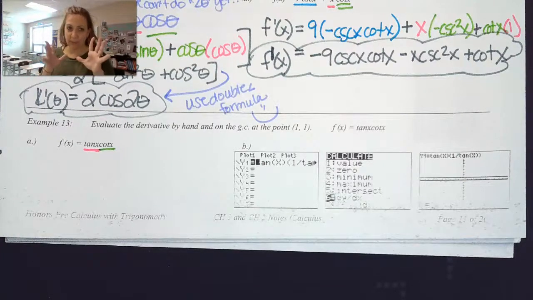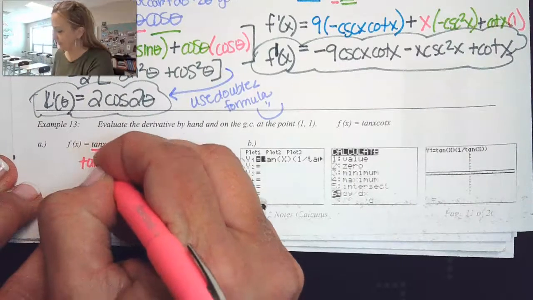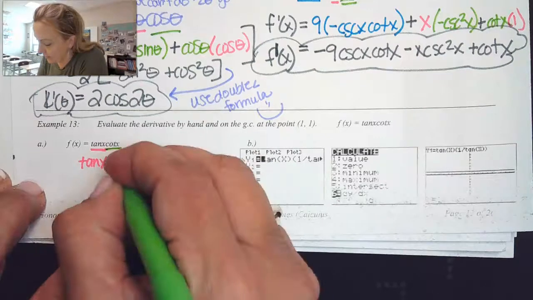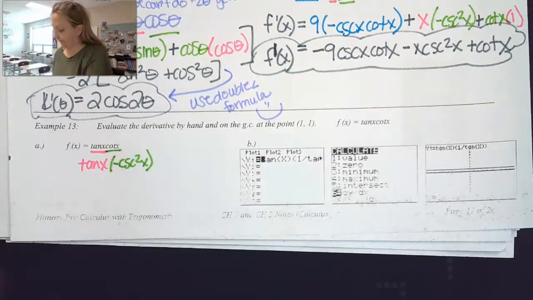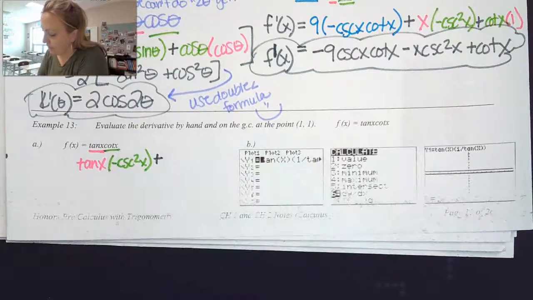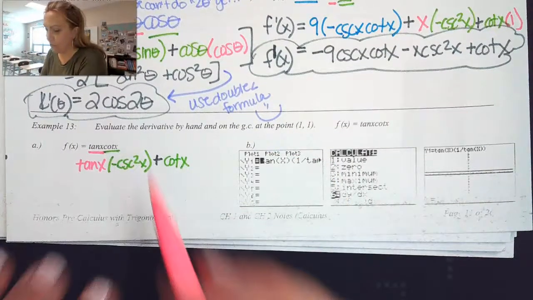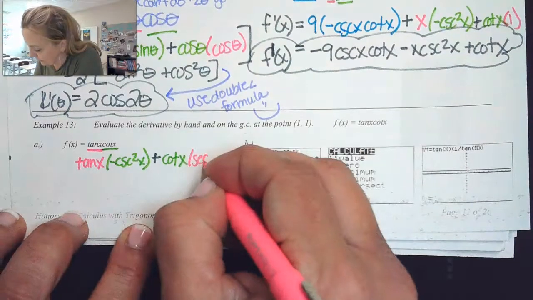Again, I know that there are reciprocal identities going on, which would be much faster, but I'm just trying to practice with you, okay? So this is going to be equal to the tangent of x. Now we want the derivative of the cotangent of x. So that's negative cosecant squared x. And then plus cotangent x times the derivative of tangent x, which is secant squared x.